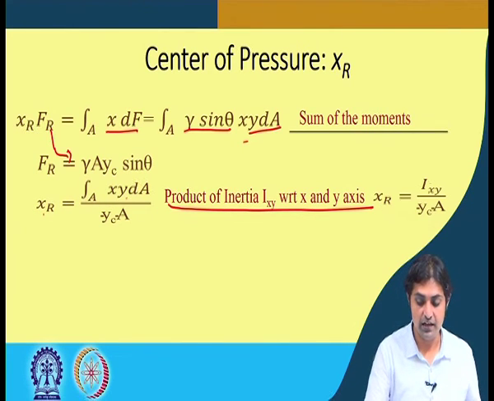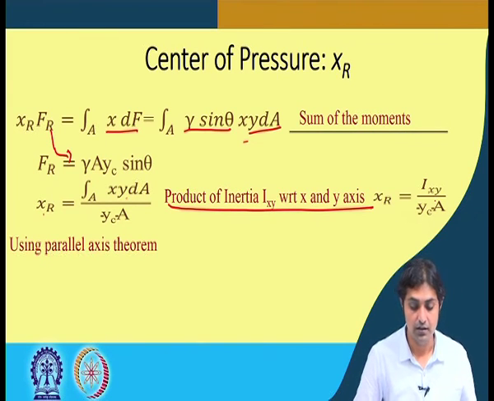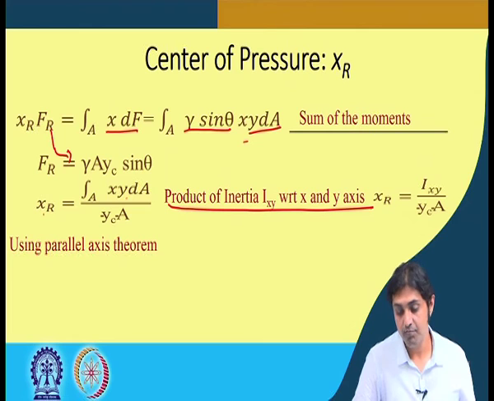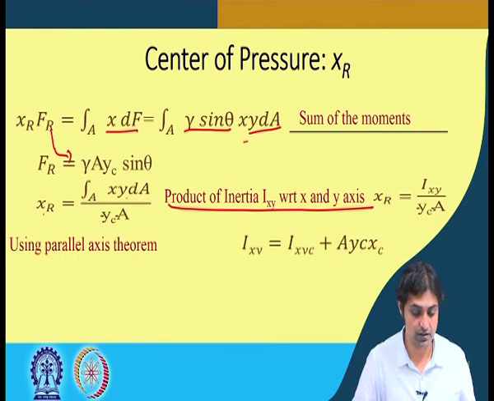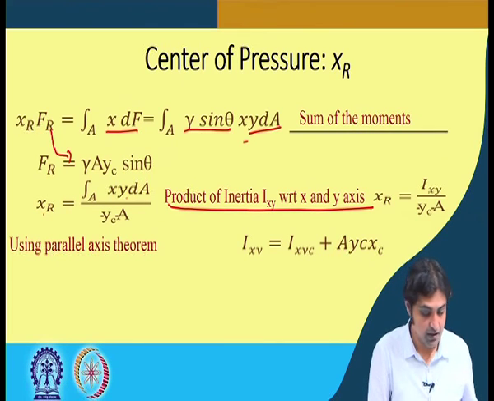Therefore, XR can be written as Ixy divided by yc into A. Again the same thing happens, that we need to translate this product of inertia Ixy with respect to the centroid, so that it becomes independent of that particular coordinate system.